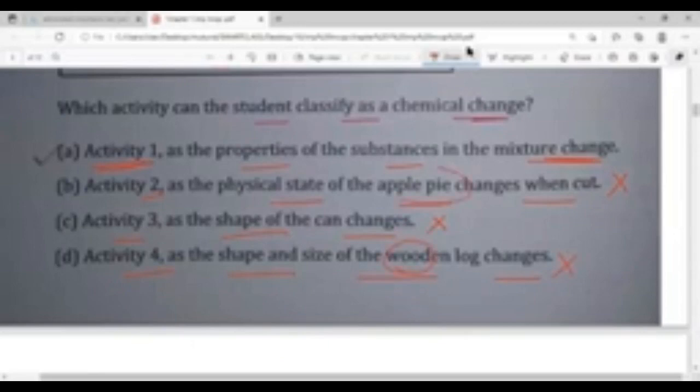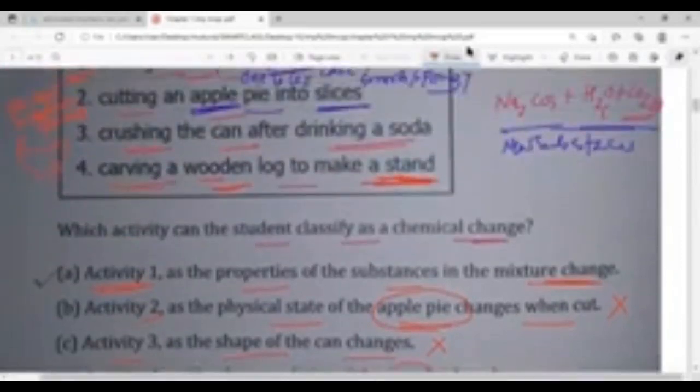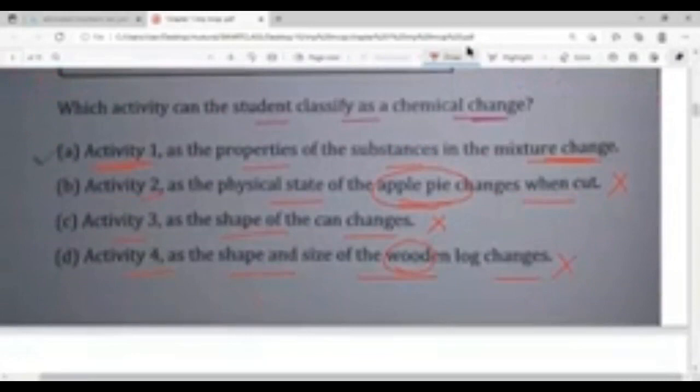Here the apple pie remains the apple pie. No new substance is formed. Same way, after crushing, the composition of the can does not change.